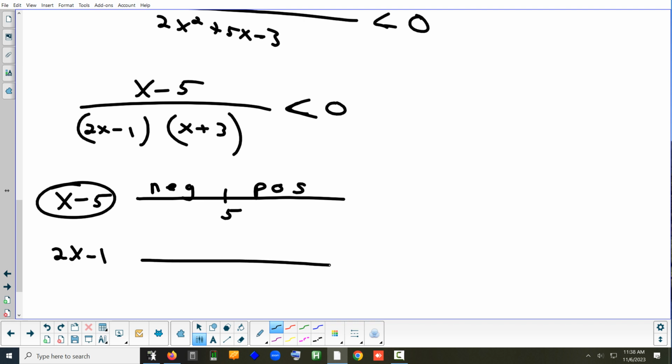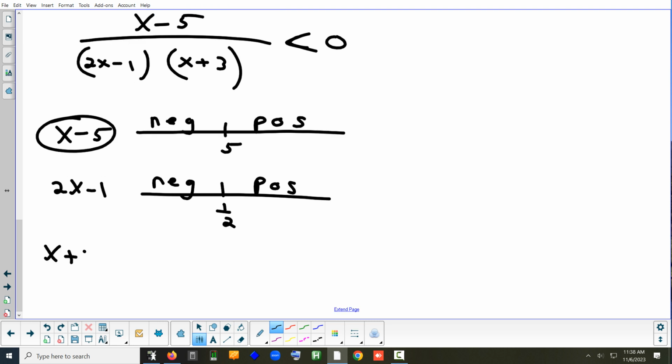Yes. What number do you plug in to make 2x minus 1 zero here? 1/2. If you plug in a number smaller, you'll get a negative. Bigger, you'll get a positive. And one more number line. What value would you plug in to make this factor 0? Negative 3.